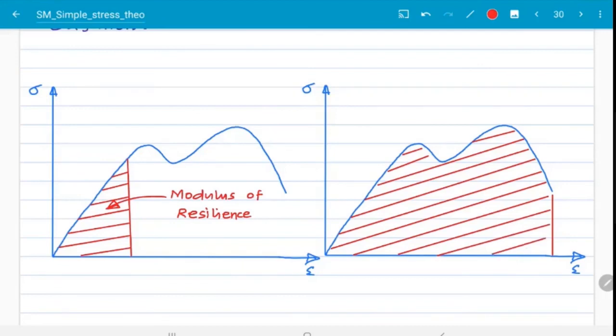Area under the full stress strain curve is modulus of toughness.